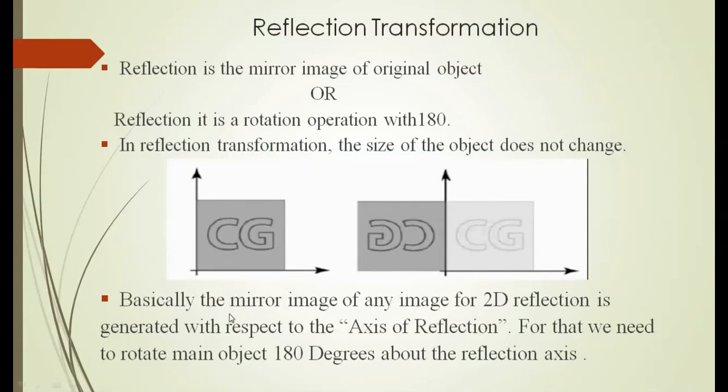Basically, the mirror image of any image for 2D reflection is generated with respect to the axis of reflection. For that we need to rotate the main object 180 degrees about the reflection axis.